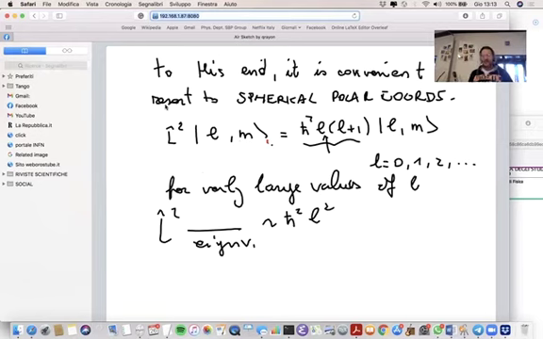Basically, it tells you the angular momentum is quantized in units of h bar. At small values, they are not. There's an overall offset here.